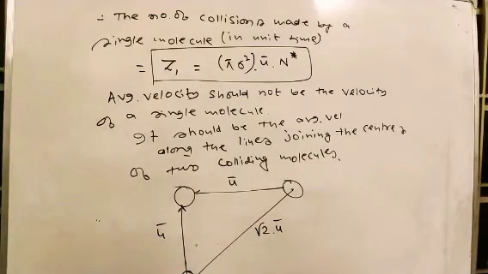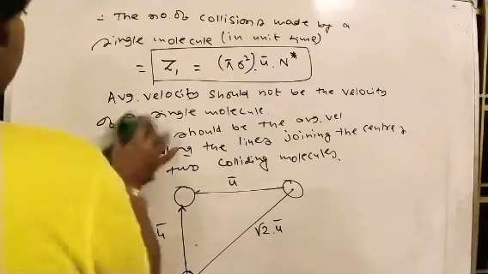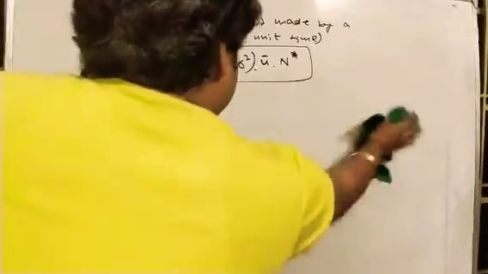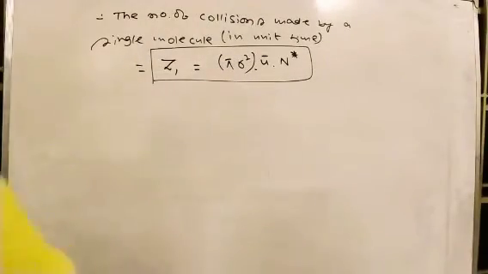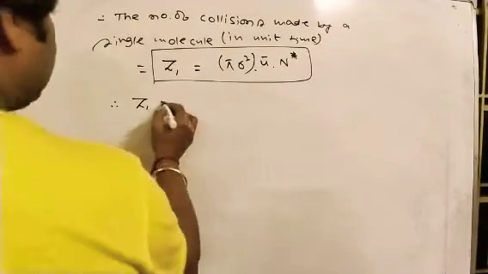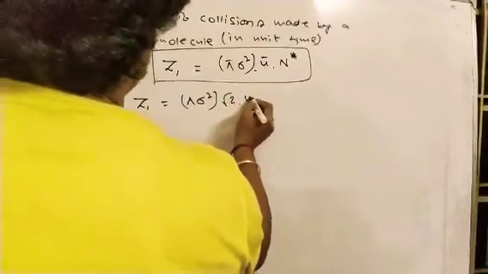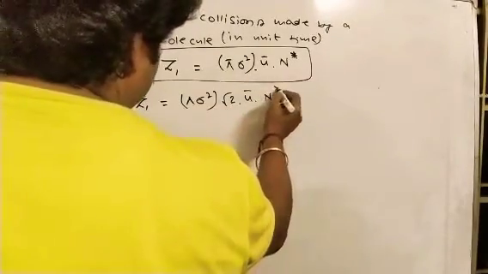So now obviously what should happen? This formula should not be the working formula. So what should we do? Therefore this Z1 should actually be pi sigma square, this should be √2 into u bar into n star.